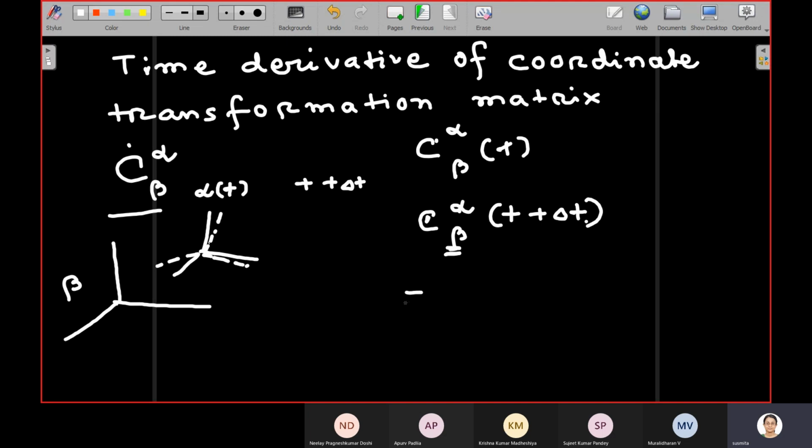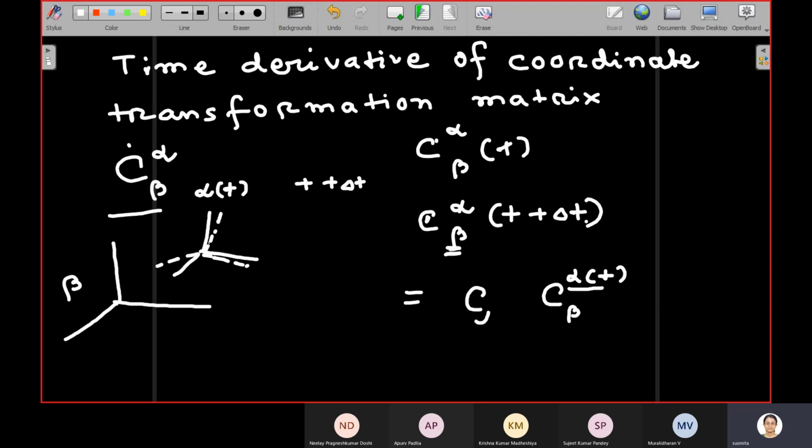Now, can't we write it this way? We know that by multiplying the coordinate transformation matrices from right to left, we can account for successive rotations, right? So let's say that this is the coordinate transformation matrix from beta to alpha at t, and then we go from alpha at t to alpha at t plus delta t.